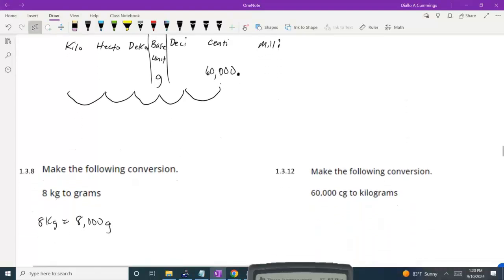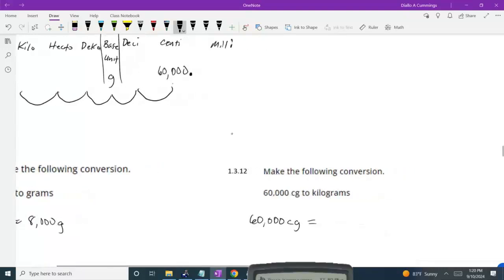I'm actually going to do this down here. So 60 centigrams is equal to, all right, so my decimal is here, and I want to move the decimal 1, 2, 3, 4, 5 times to the left.